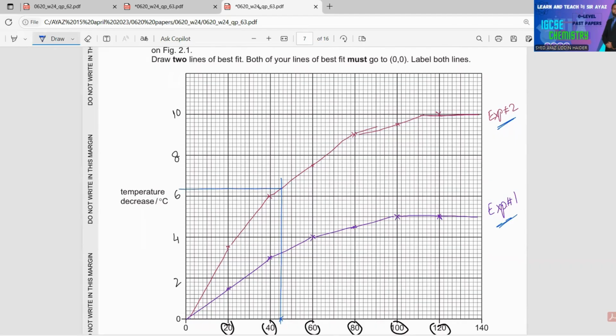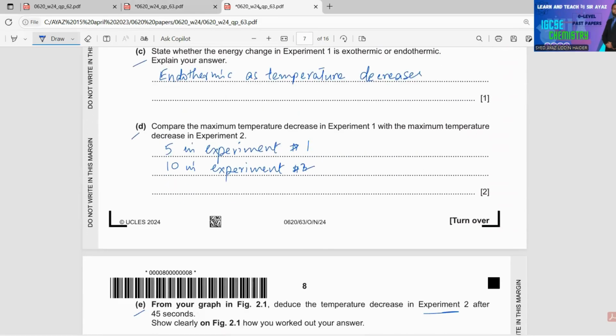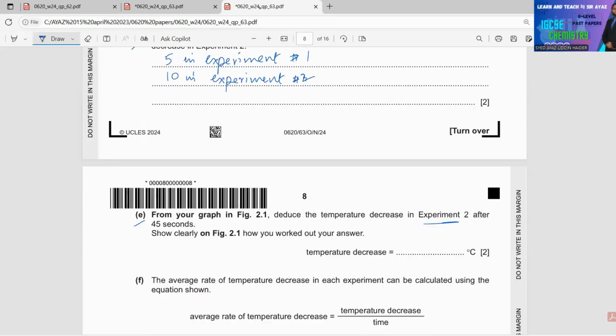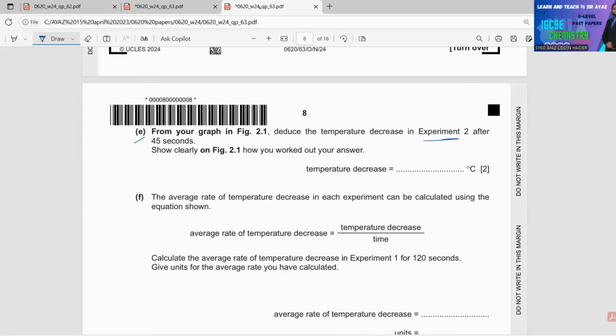So it must be 6.2. So you write 6.2 temperature degrees.